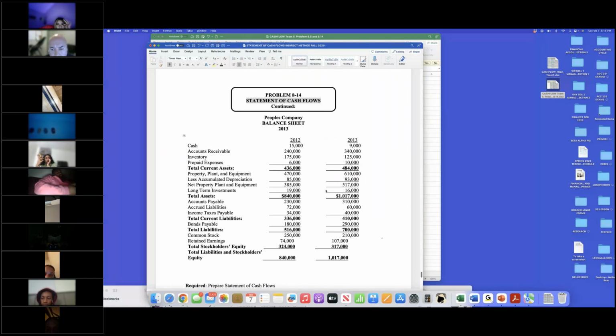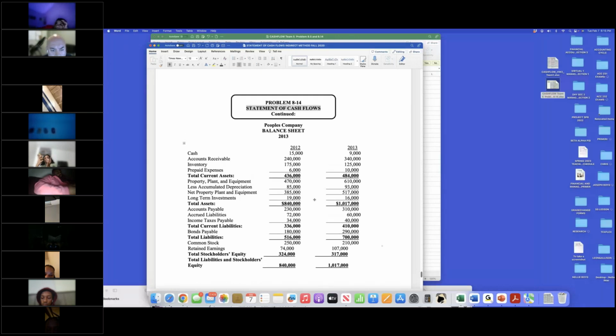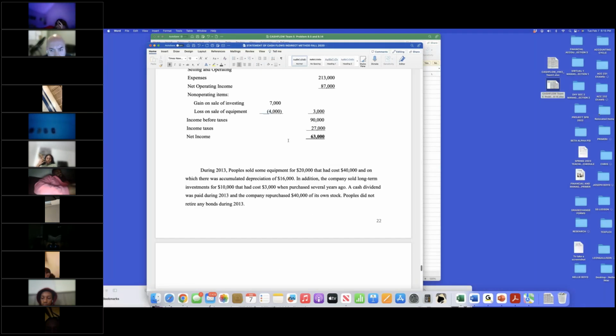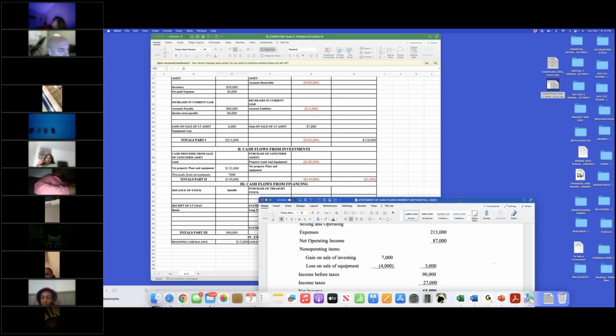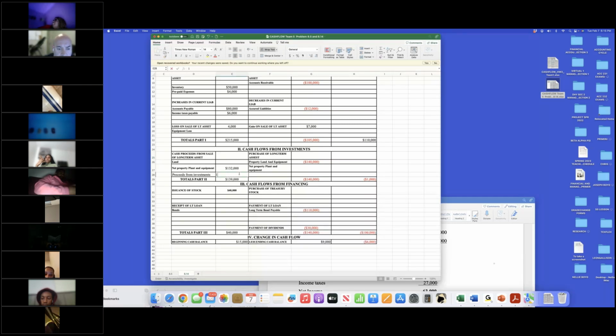Your gain was 7,000, and therefore this investment amount should be 10,000, the same as what we did before. So that's what the investment should look like.